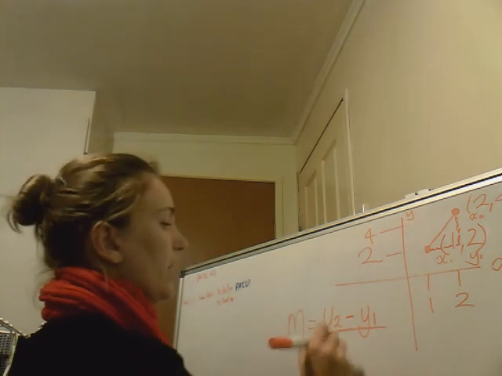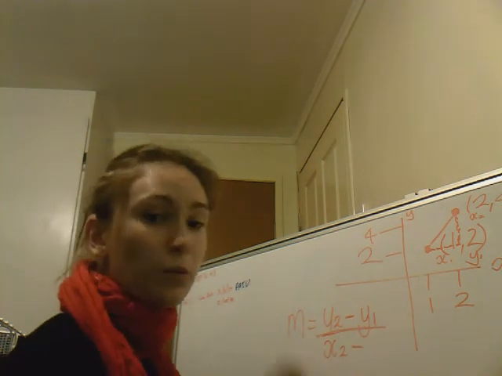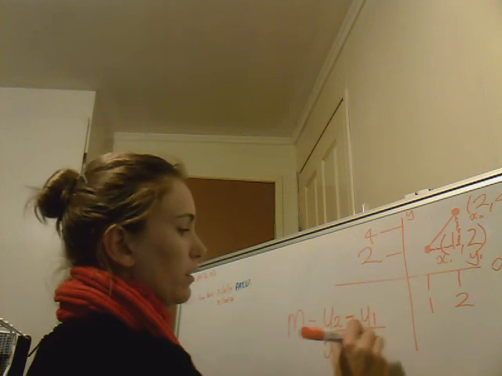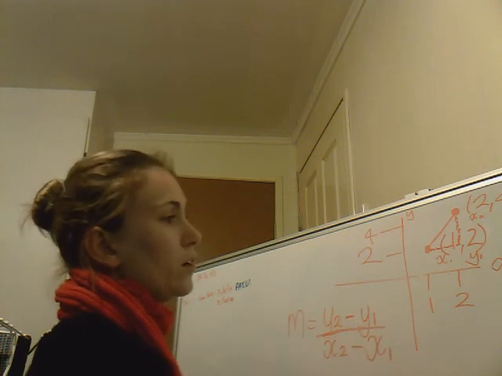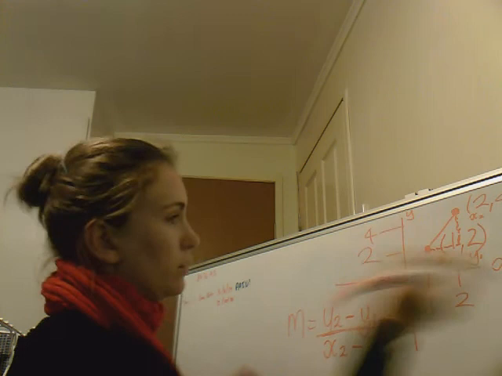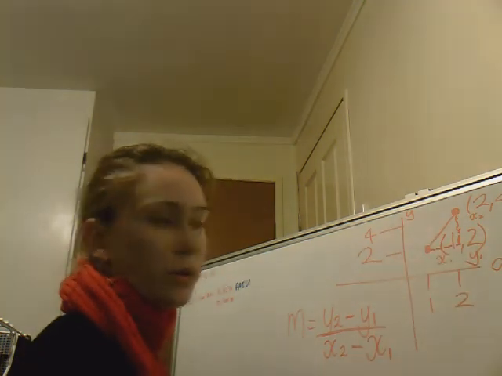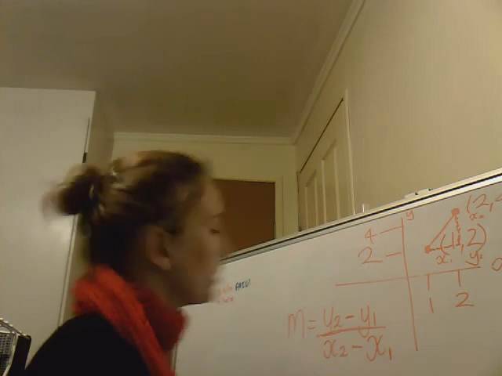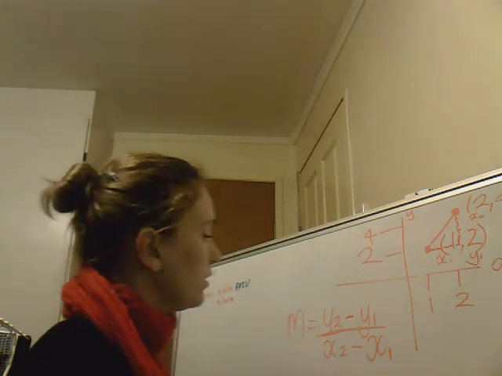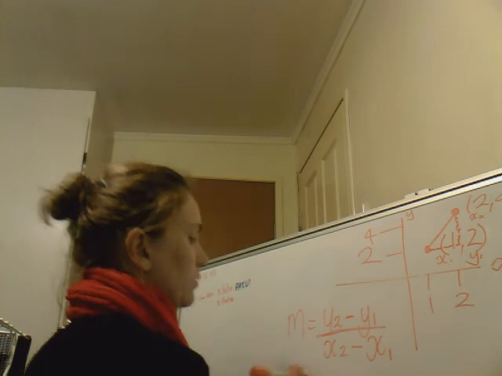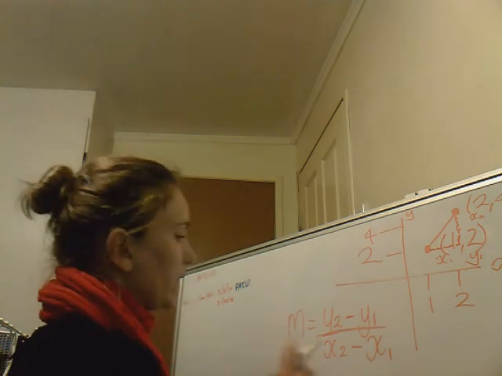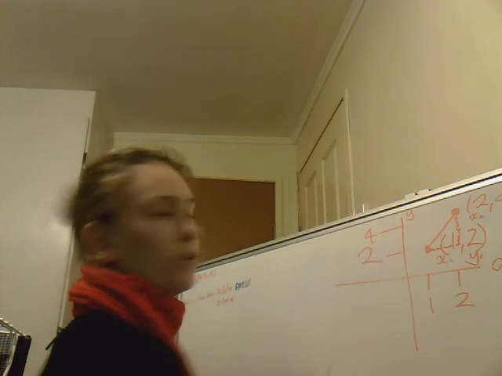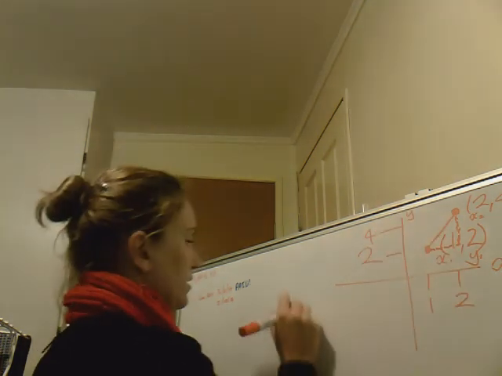So we can say x2, the x point in our second ordered pair, take x1, the x coordinate in our first ordered pair. So we can write the equation as m equals y2 take y1 over x2 take x1. Once we have that, we can use the values from these 2 points in our equation.